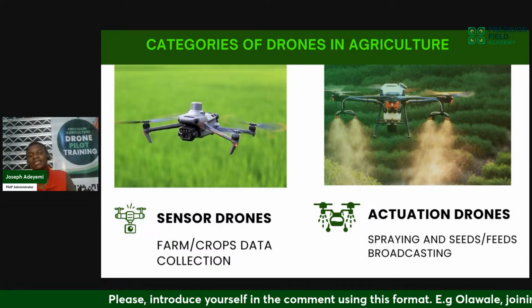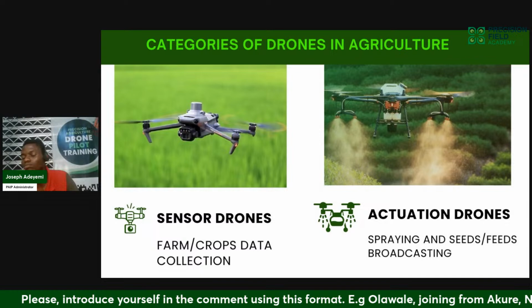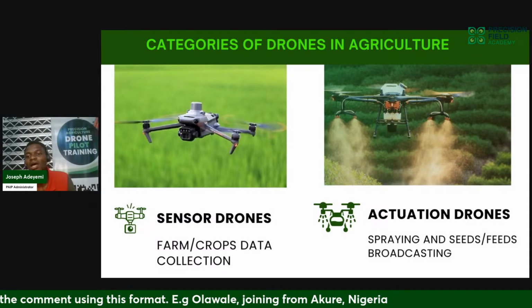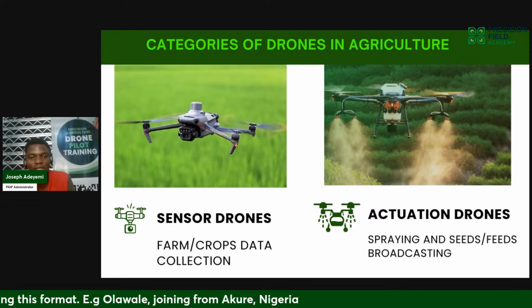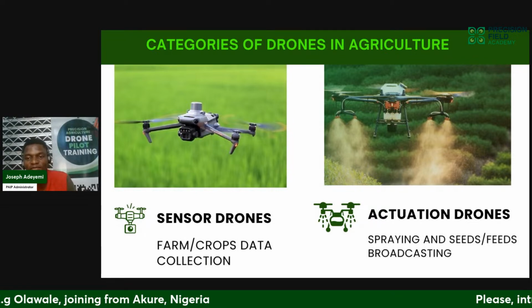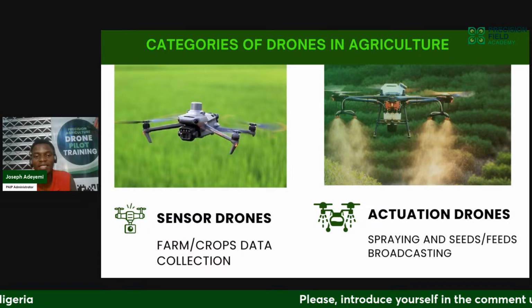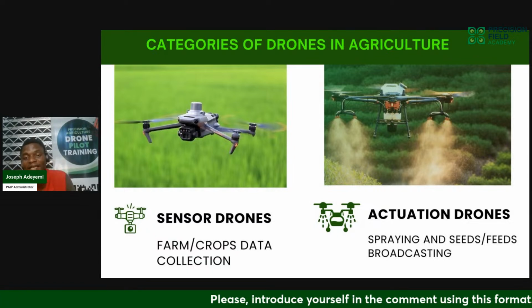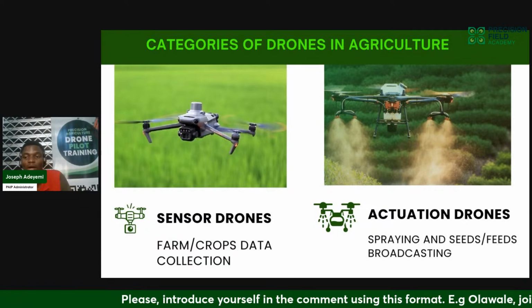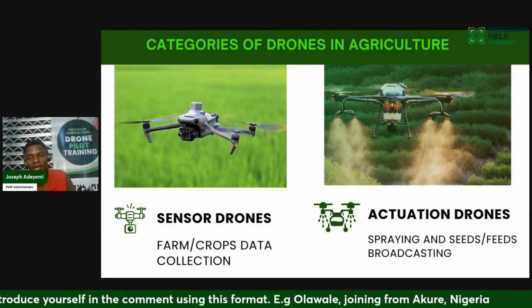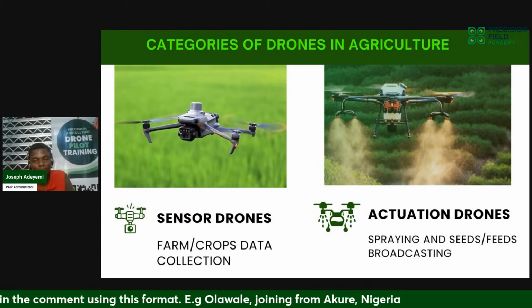The second class is actuation drones. So what are actuation drones? Actuation drones are drones that have certain mechanisms for them to actually perform certain functions. They have integrated mechanisms like pump systems or spreading systems, using centrifugal pump systems.